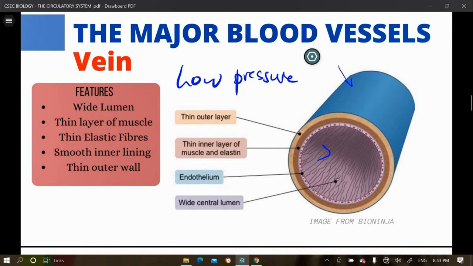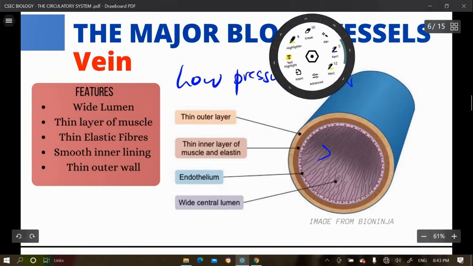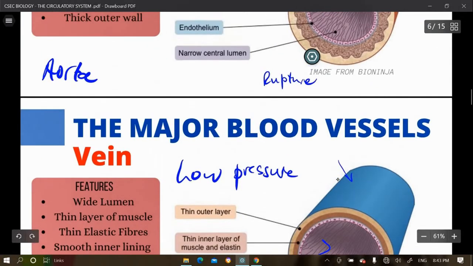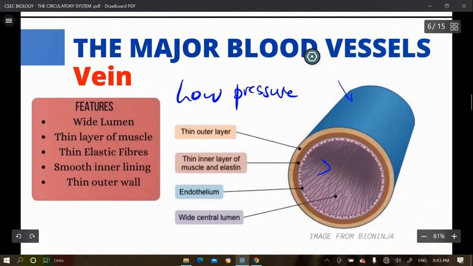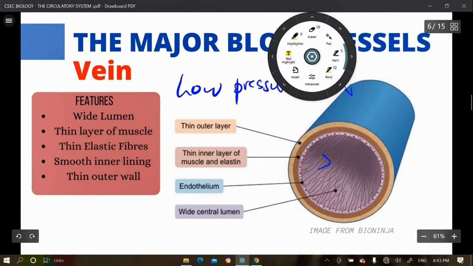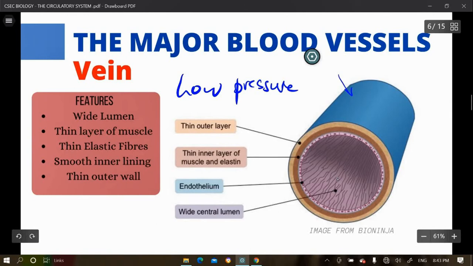Now, the thin walls are there because the blood isn't being pumped at a high pressure, so there's no risk of rupture. So you can use that to remember the difference between arteries and veins. And another thing, usually on the diagram shown in your past papers, you will see valves in the veins.